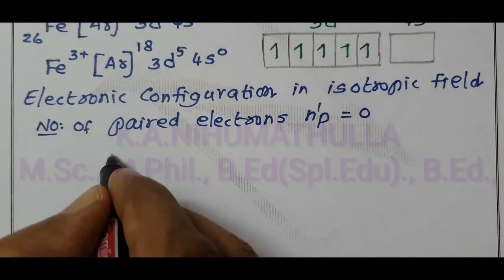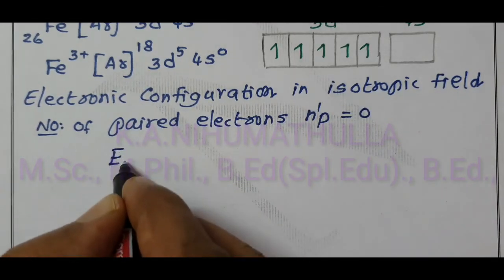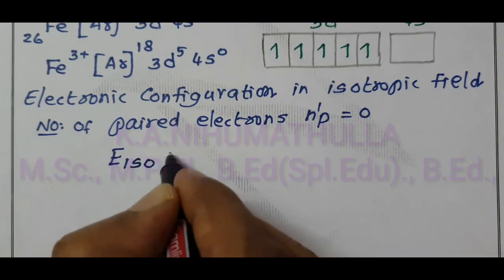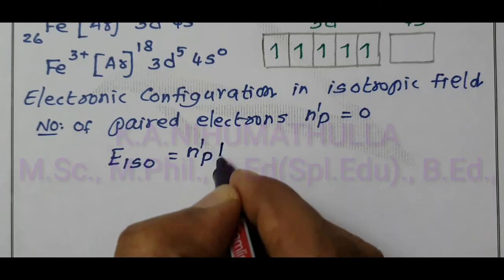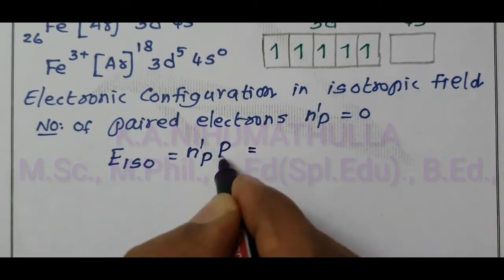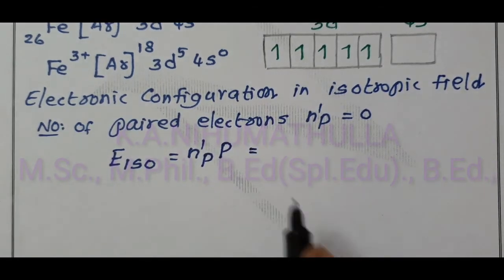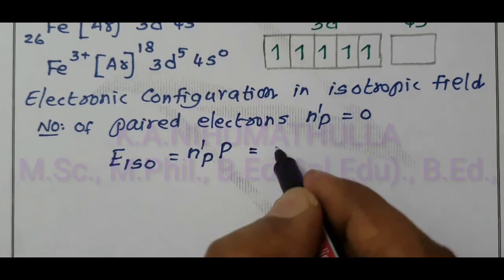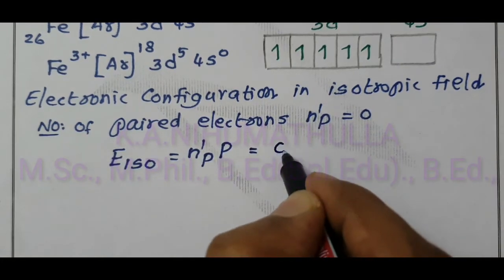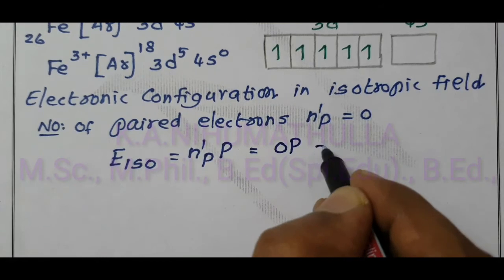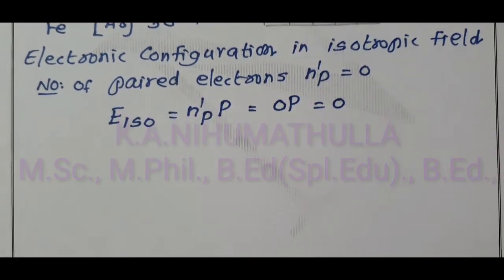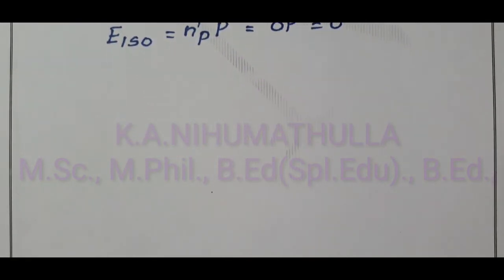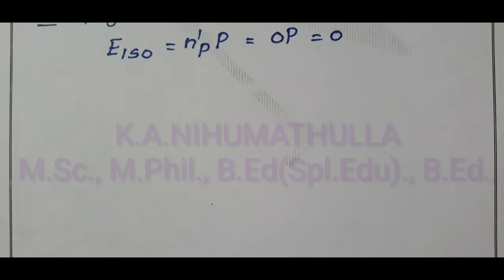Therefore, E isotropic equals n'p into P, where P is the pairing energy. n'p, the number of paired electrons, equals 0, into pairing energy, equals 0. This is E isotropic.